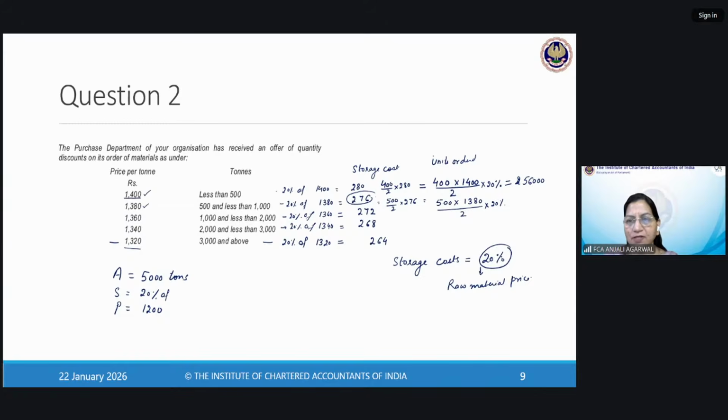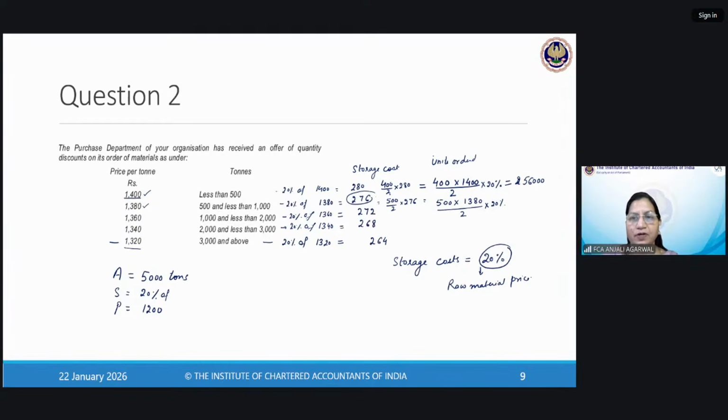So storage costs here are not given like 2 rupee, 5 rupee, or 280 rupee, 276 rupee. They are given as a percentage of the raw material price. So first we have to apply it on the raw material price. We get a figure and then we can go ahead with our usual way. Less than 500, let's say 400 units ordered.